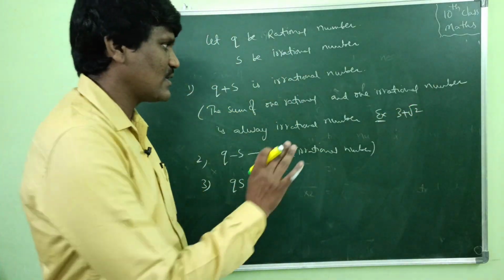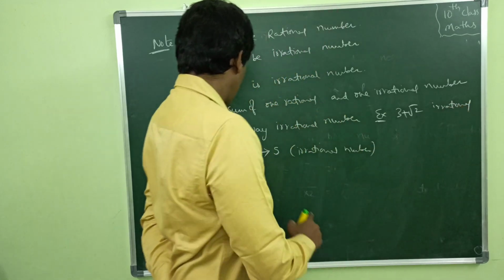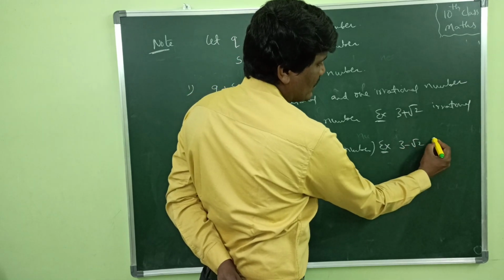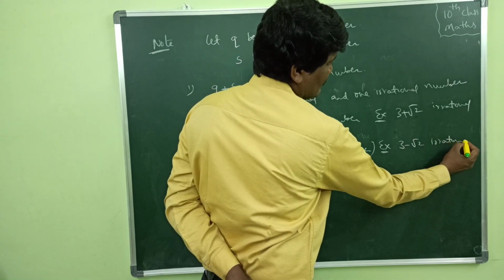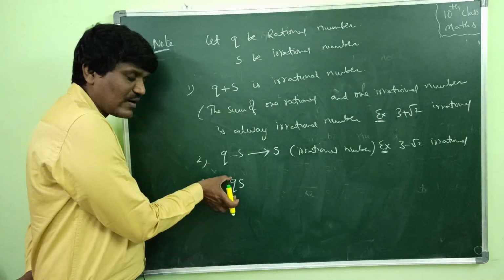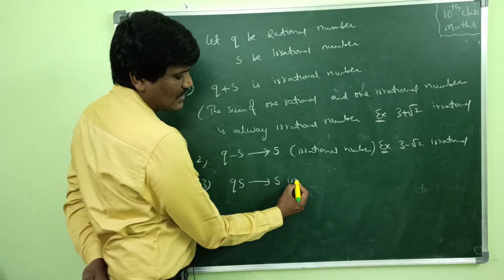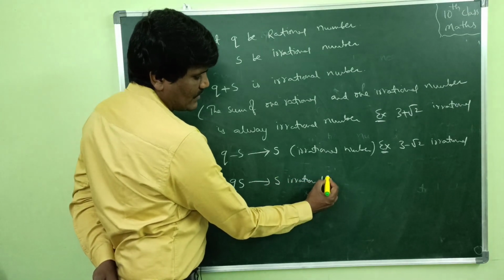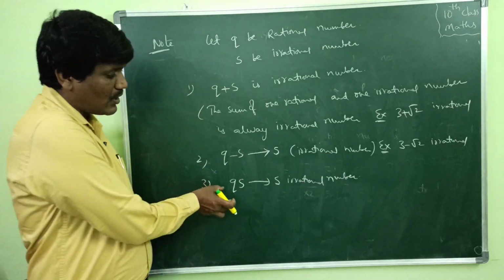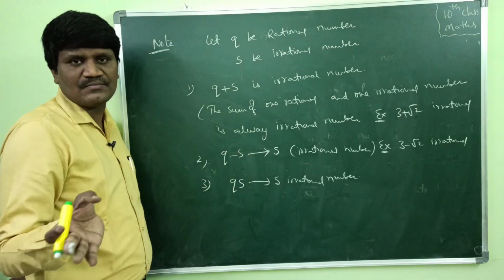Similarly, 3 minus root 2 is irrational. qs, the product of one rational and one irrational number, is always an irrational number.